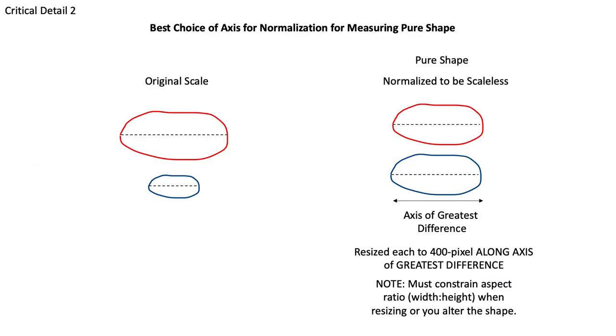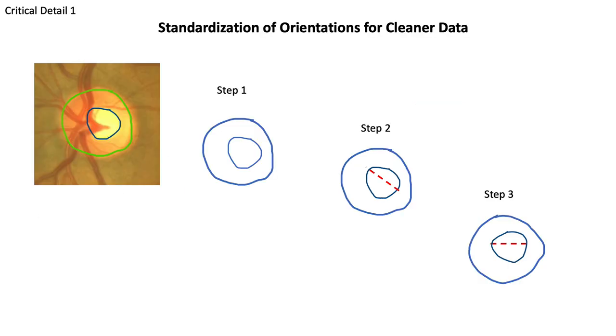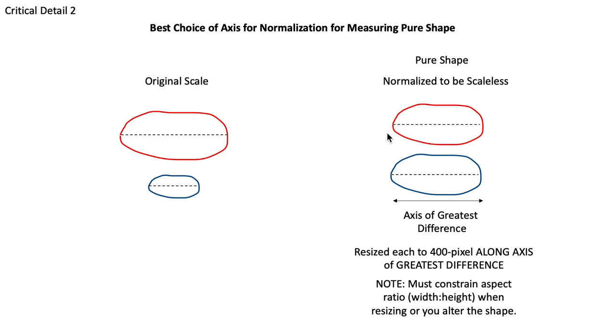And another crucial detail is that we measured what we called pure shape. A lot of these images were taken at different magnifications, and thus the optic cups and discs were of different sizes between patients. What we did was we found the longest internal length of the outer ring, that is the longest internal length of the optic disc, and we resized all of them such that the disc and anything within it had the same width, in this case 400 pixels.